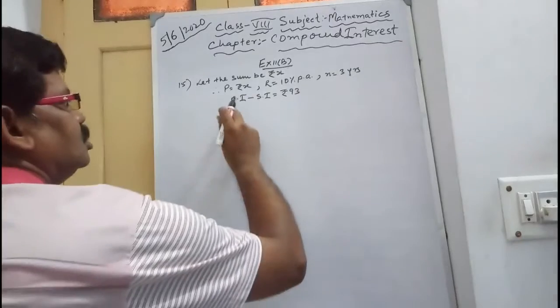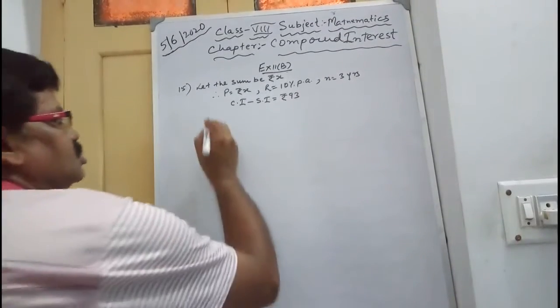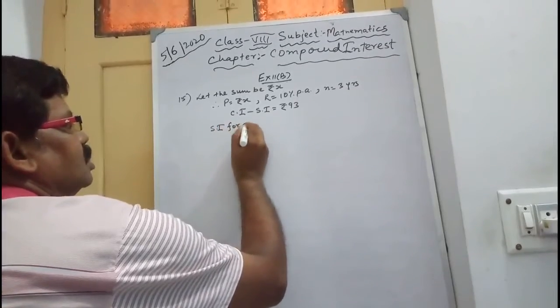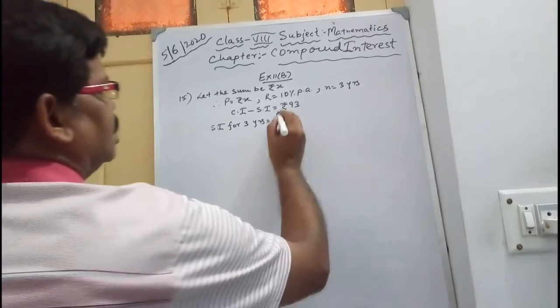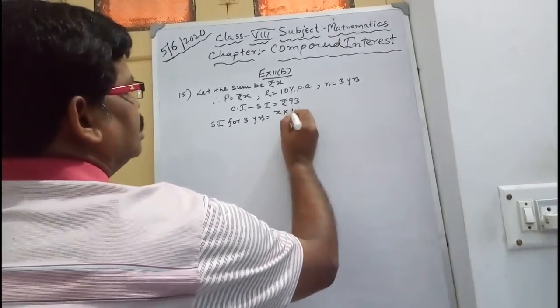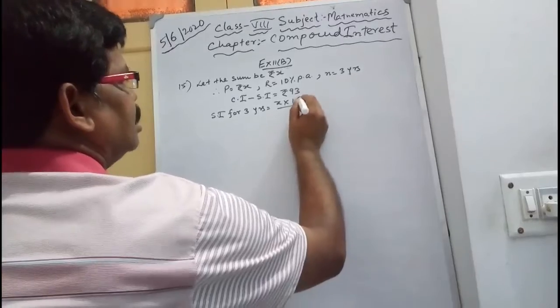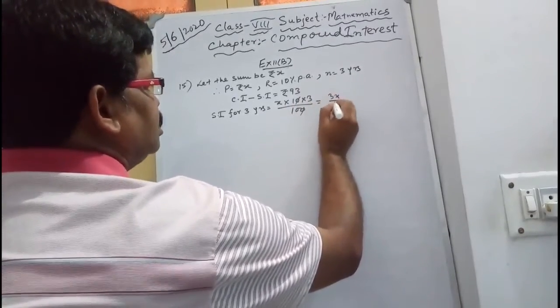So first find compound interest and simple interest. So in simple interest for 3 years, here P is x, R 10, 3 by 100, so 0 0 cancel, 3x by 10.